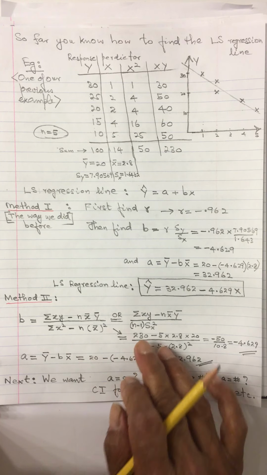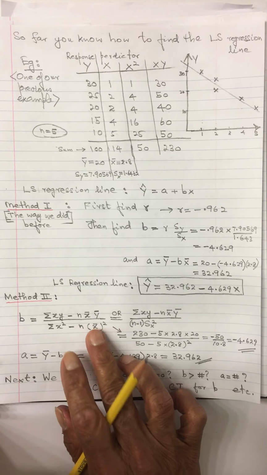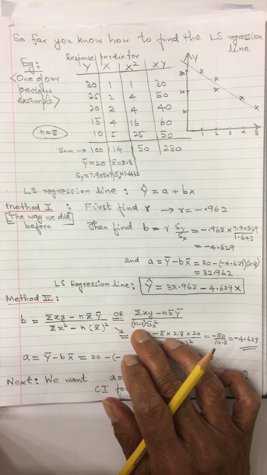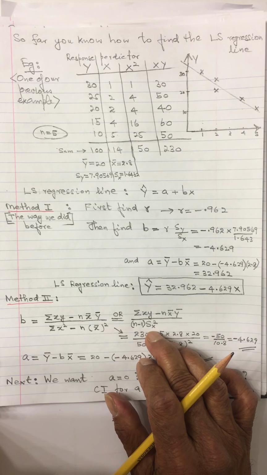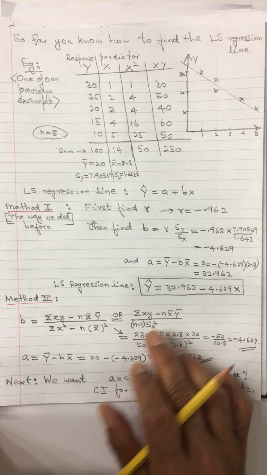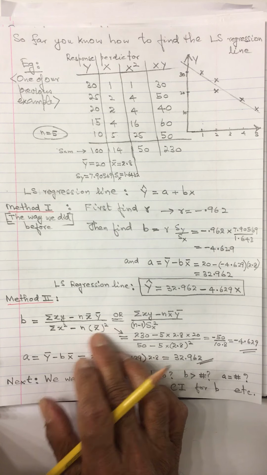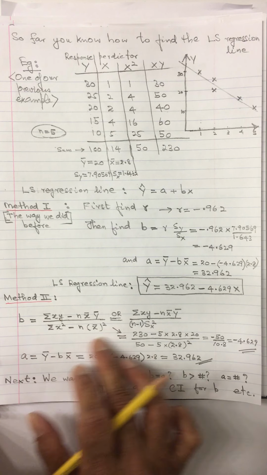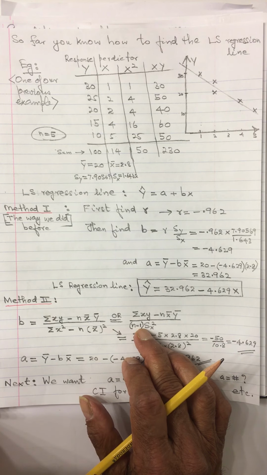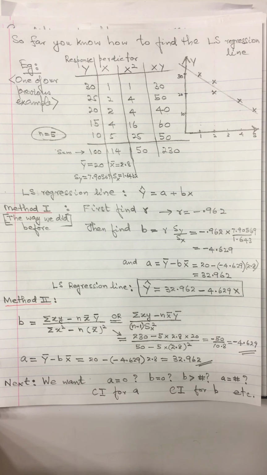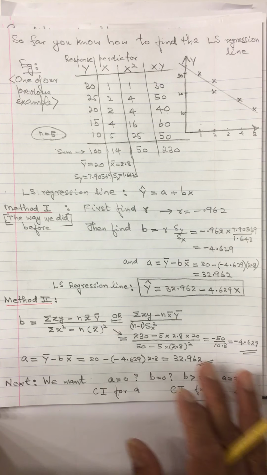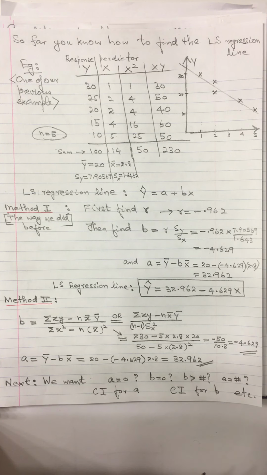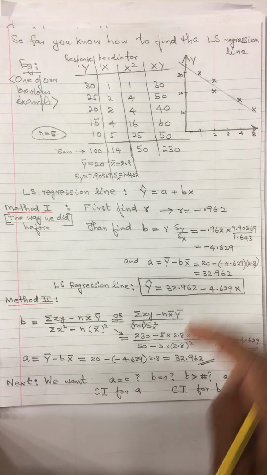If you remember, this is going to be n-1 times the sample variance for the x values. The way we define the sample variance, it is basically this quantity in the denominator divided by n-1. So the bottom line is that the denominator is n-1 times the sample variance. You can use this formula if you want to, or otherwise use that formula. Either way you will get the same answer.